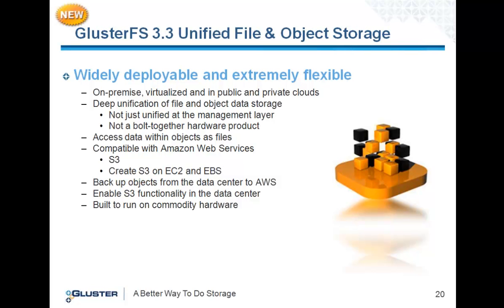So this is uniquely different and innovative in the industry, and we're the first to bring this to you. You'll see us talk more about case studies and solutions for unified file and object as we go through the balance of this quarter and into the fourth calendar quarter of this year.